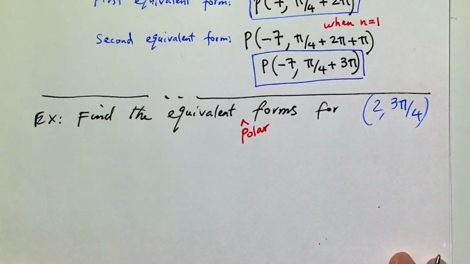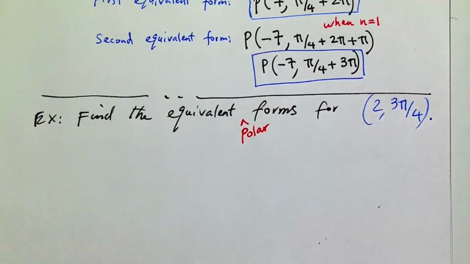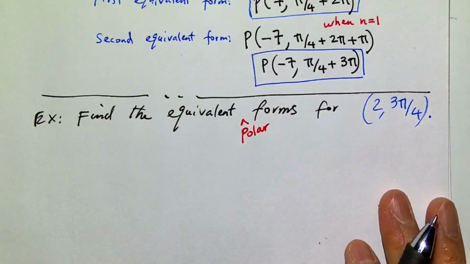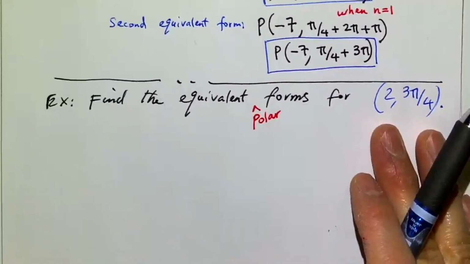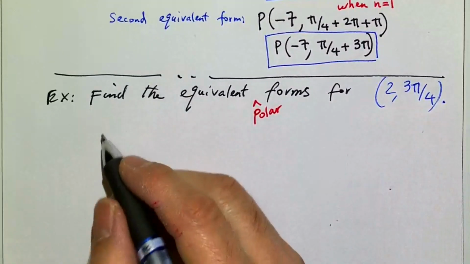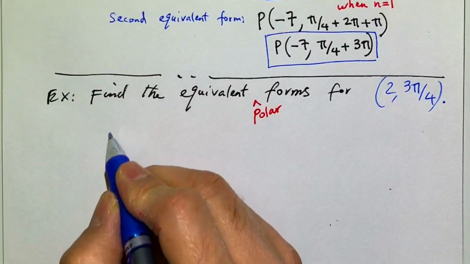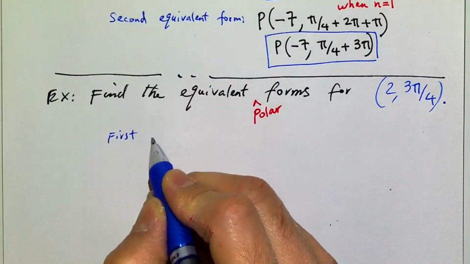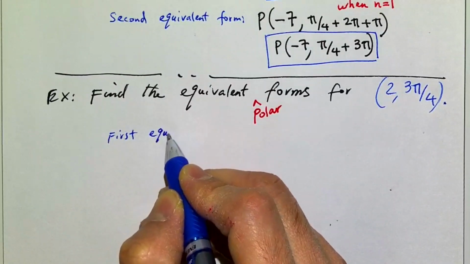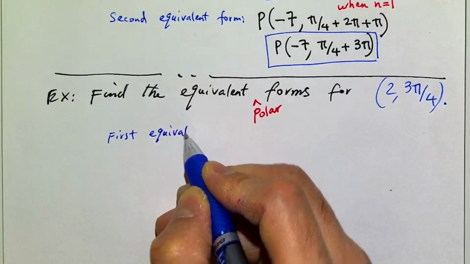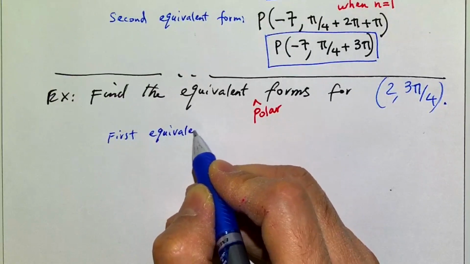Okay, that point. We're going to use the same formulas here. So the first equivalent form, and again, there are many correct answers, so I'm just picking one where n equals 1.